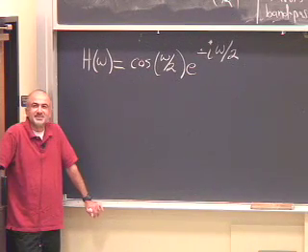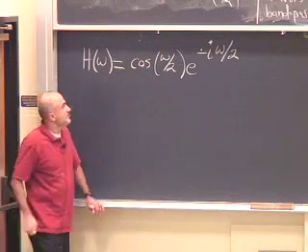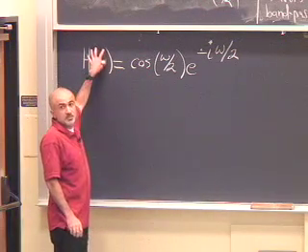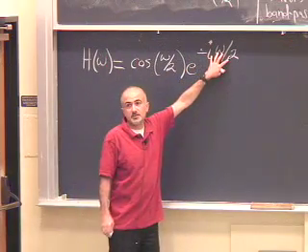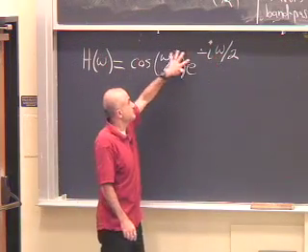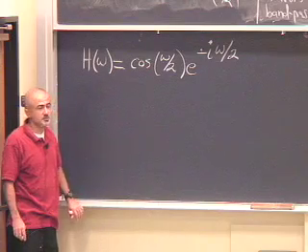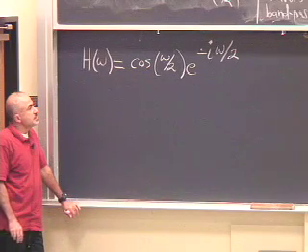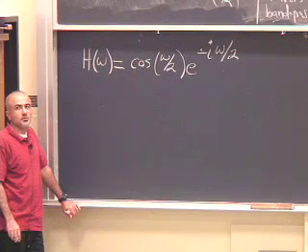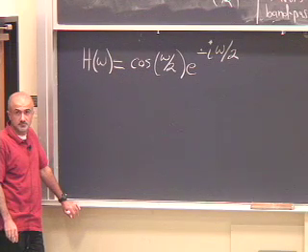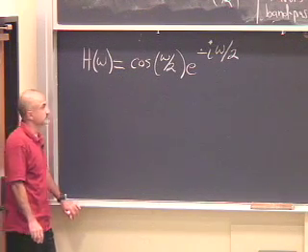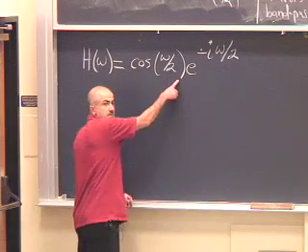All right. So we have a frequency response. It's a complex valued function. Notice I've got a real part and a complex exponential, so this is not a real valued function. It's not quite in polar form either, because cosine theoretically can go negative.